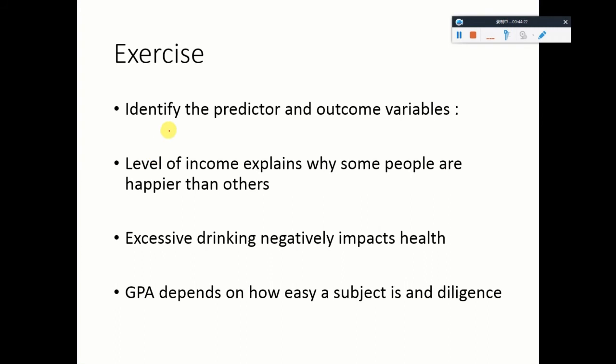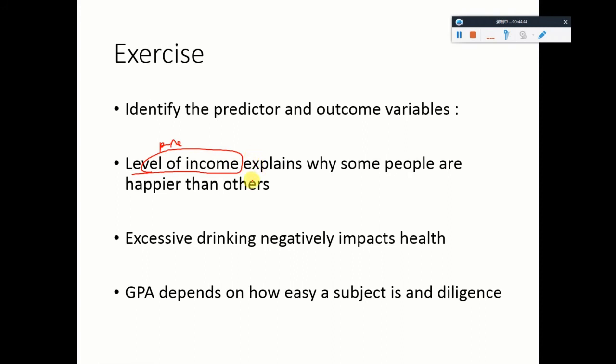In the first sentence, level of income explains why some people are happier than others. The predictor variable, as I'm sure all of you have no difficulty identifying, is level of income. That's the predictor, right?